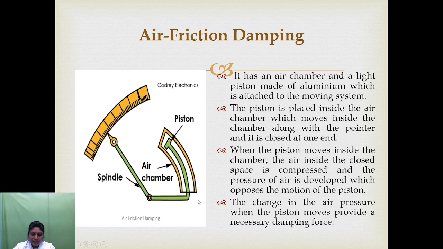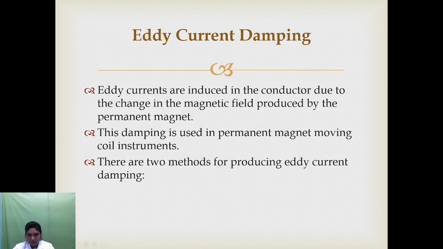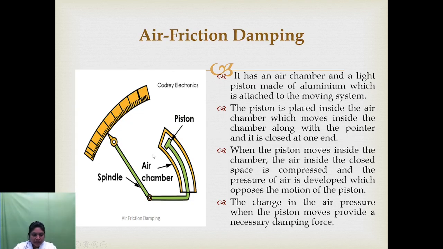When the piston moves into the chamber towards position 1, the air inside the chamber is compressed and builds up air pressure, which opposes the motion of the piston. Thus the motion of the pointer is also damped.